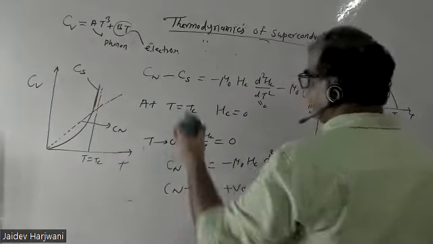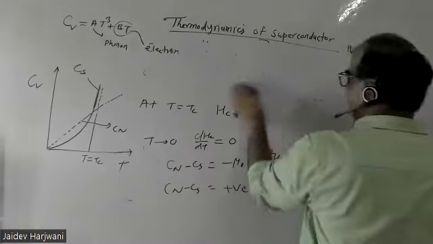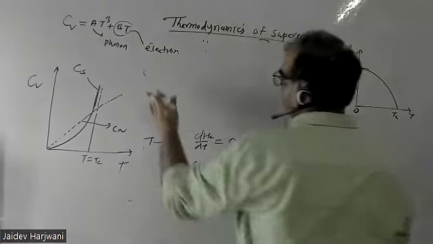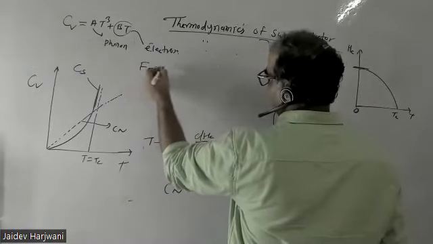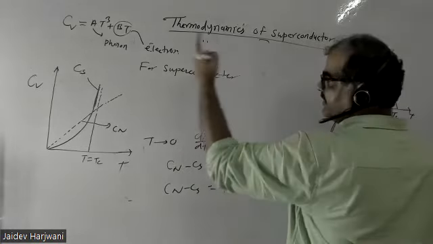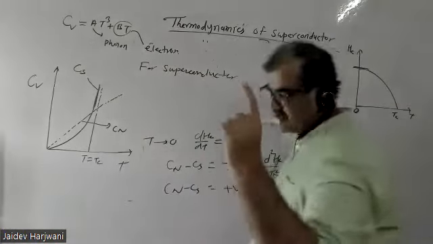So for a superconductor, the equation changes. The phonon contribution is the same. The T cube contribution is due to phonons, that is the same.